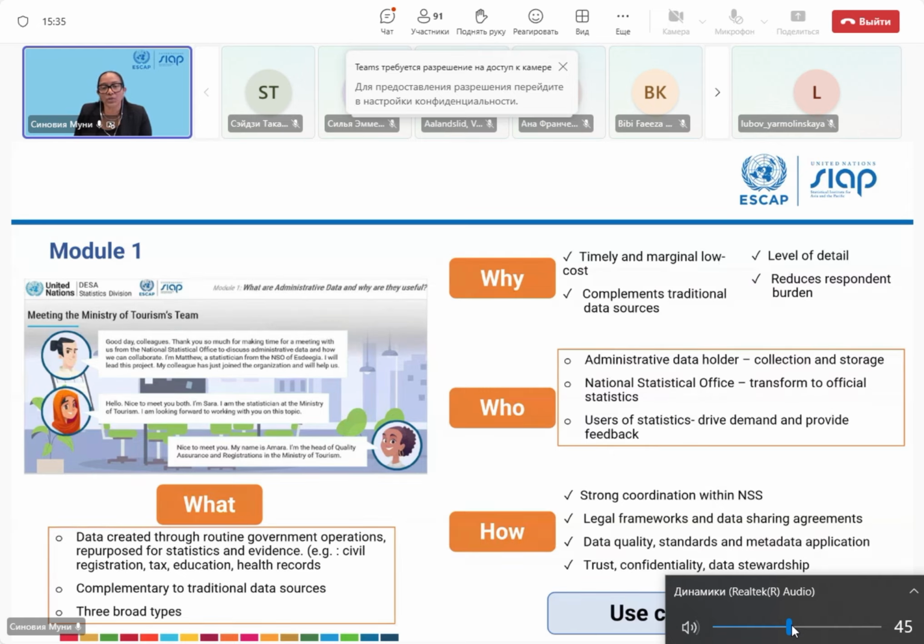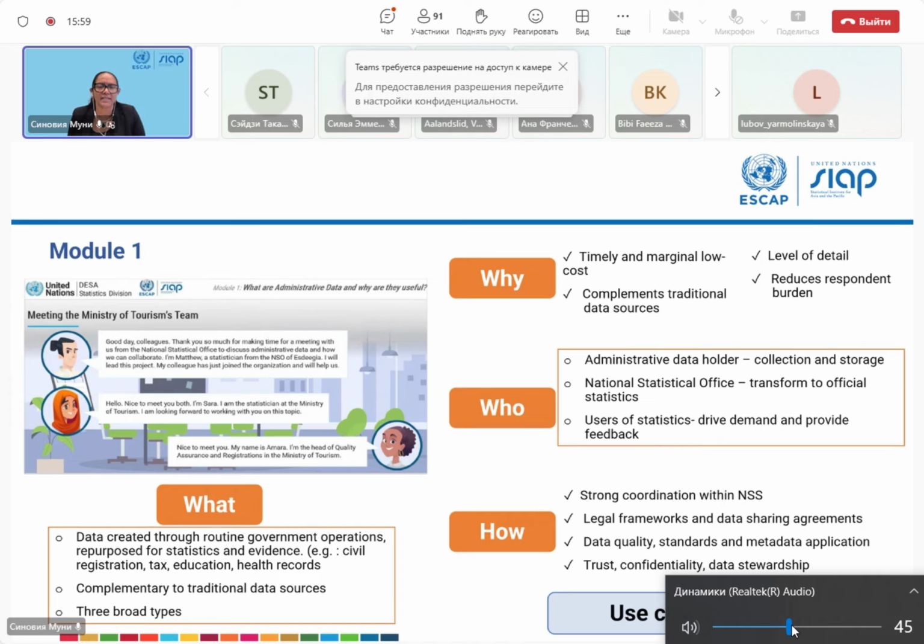In the module, we also distinguish between the different types of administrative data. For example, we have data that is reported by individuals or businesses, for example, for legal compliance or access to services, like in the civil registration system, you have birth records, or business registration forms.